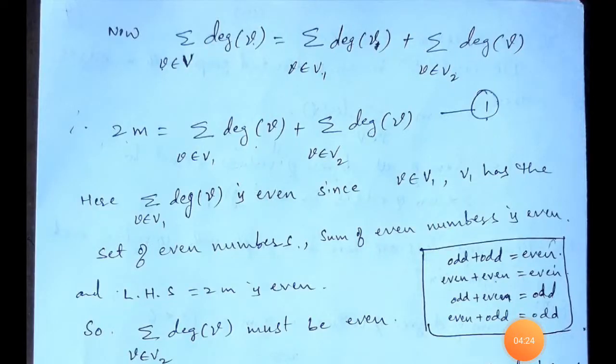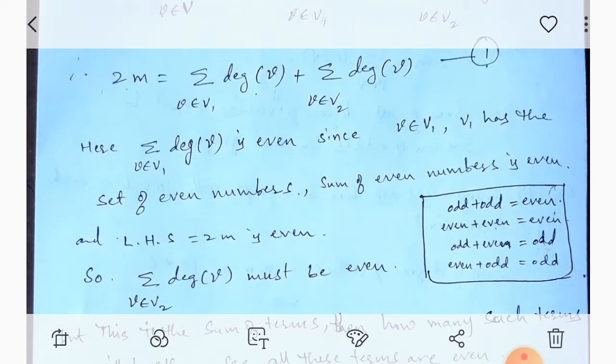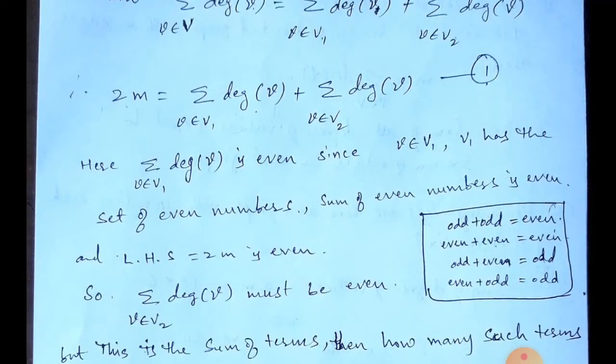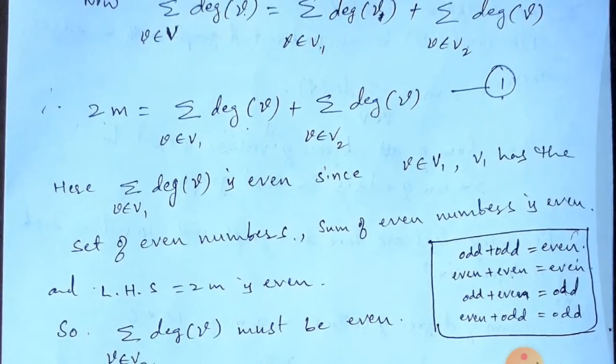The sum of degree of each vertex is nothing but the sum of degrees of even vertices and the sum of degrees of odd vertices, because we divided into V1 and V2. Now the sum of the degrees of vertices by the previous theorem is 2m. Observe that 2m is even, because 2 into m is multiplied by 2.